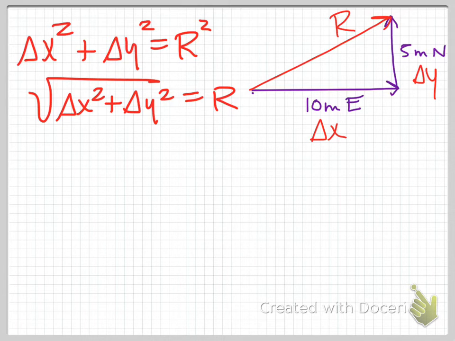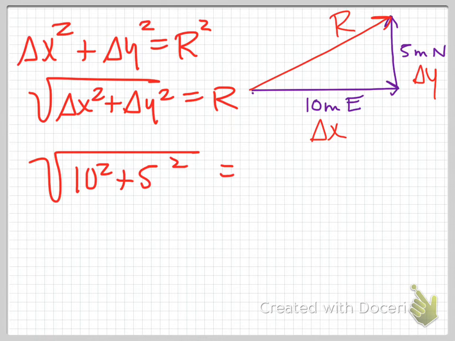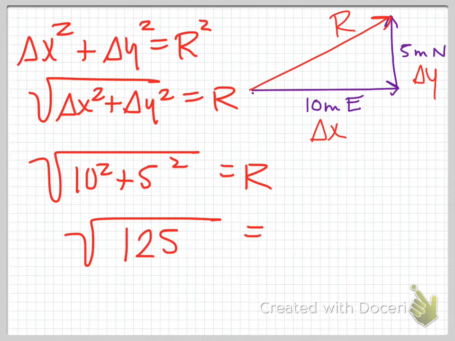And then a point for plugging the darn thing in. It's like a points free-for-all. So square root of 10 squared plus 5 squared equals r. Yes, as young Garza so aptly pointed out, square root of 125 equals r.